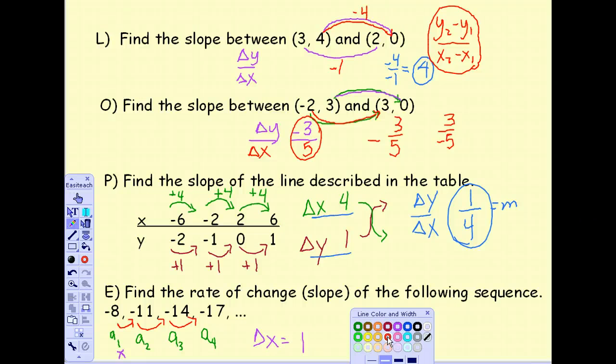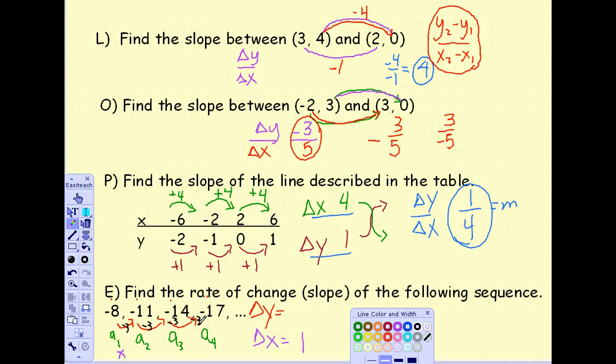These terms, these -8, -11, -14, -17, those are our y's. So if we want to know what's the change in y, we start subtracting. So -8 to -11, it's going down 3. Down 3, down 3.